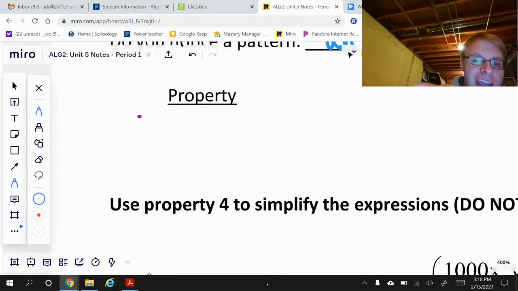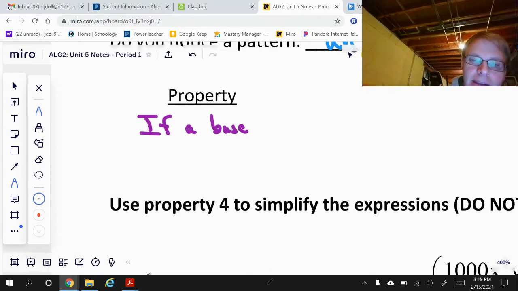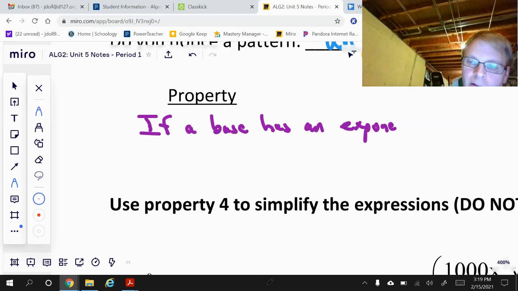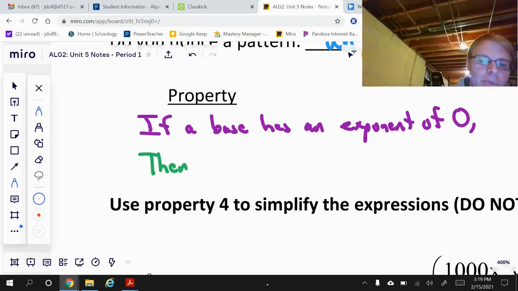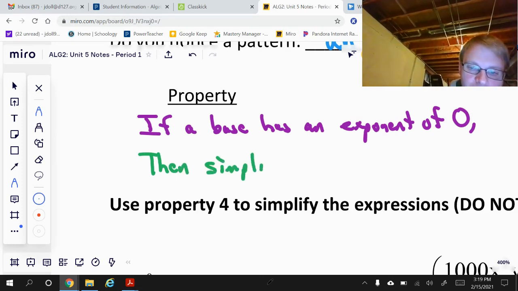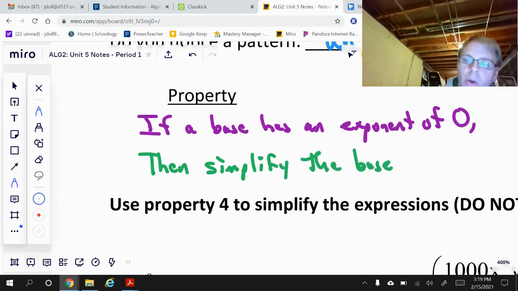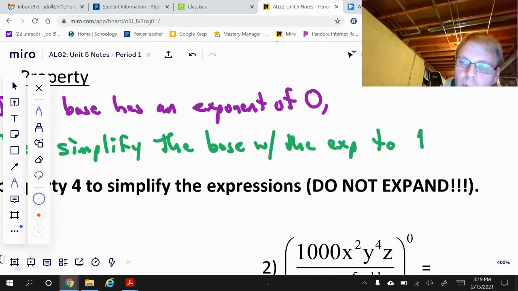So when can we use this property? If a base has an exponent of 0, right? This is essentially our property to deal with an exponent of 0. Then we simplify the base with the exponent, just the base of the exponent, to 1.